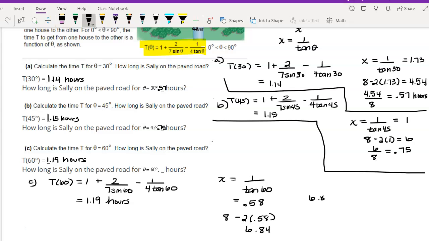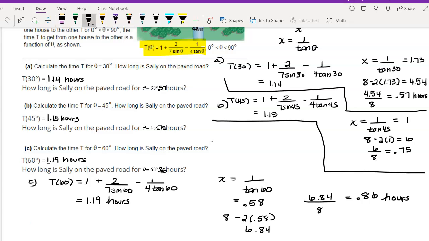So she's 6.84 miles on the paved road. We'll divide that by 8. And it's going to take her 0.86 hours. So we'll come over here, 0.86.